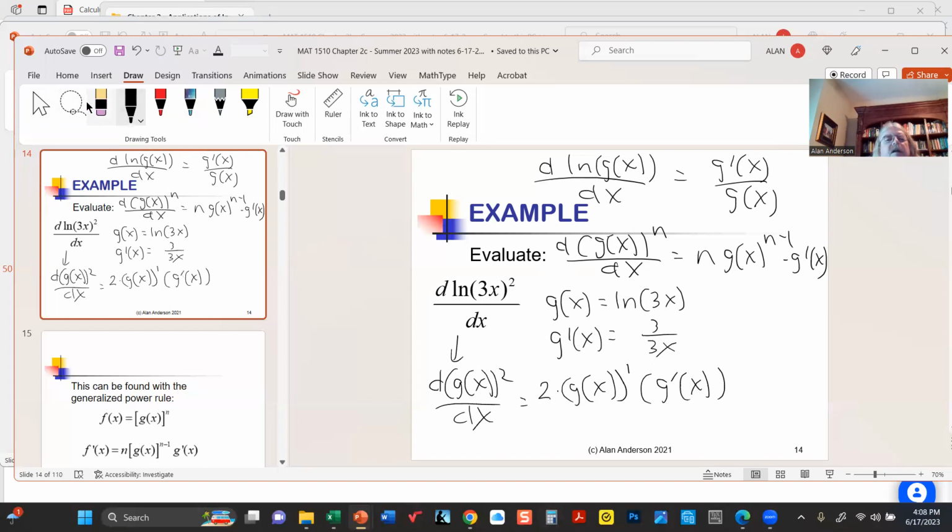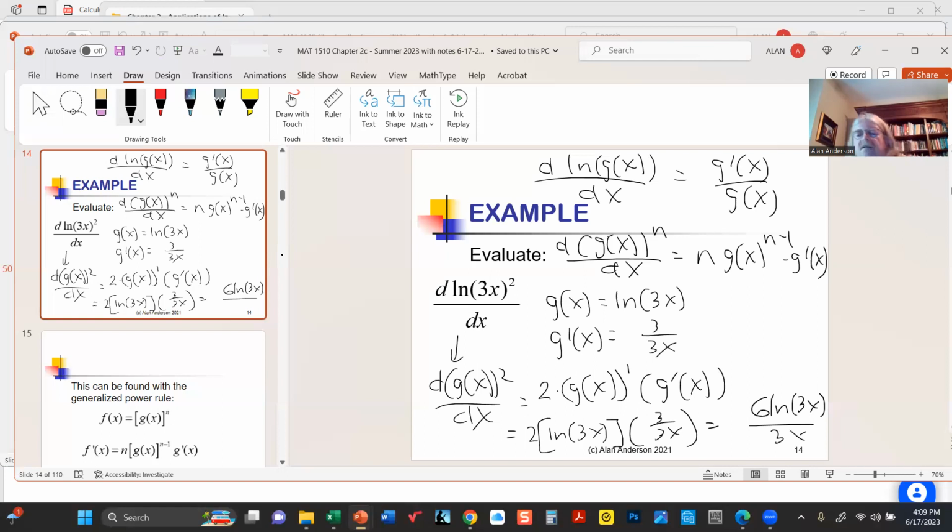All right, so I'm going to end up with, or I can rewrite this as 6 log 3x over 3x. Or I guess I can reduce it to 2 log 3x over x.